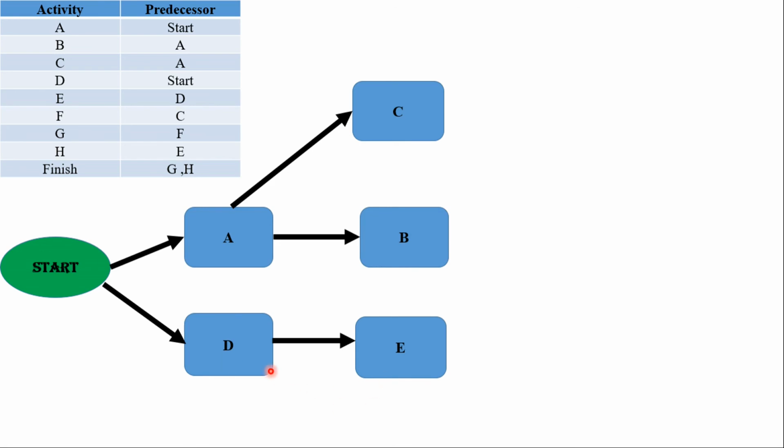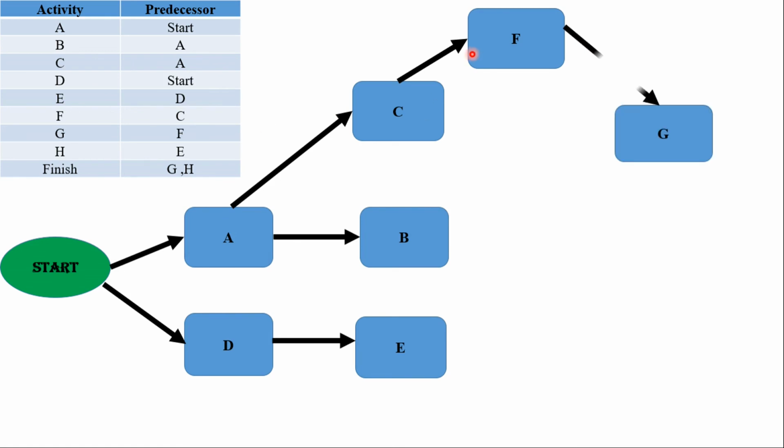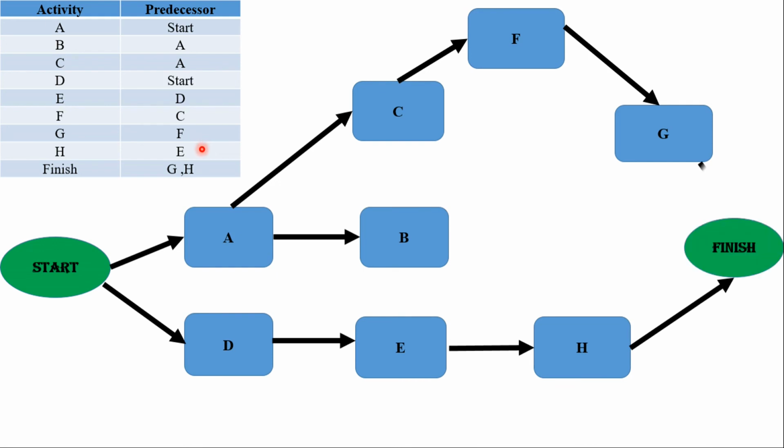Activity F comes after activity C. Activity G, its predecessor is activity F. For activity H, its predecessor is activity E. And finally, you have activity G and H leading to the finish of the project. So this is how you create a project network diagram.